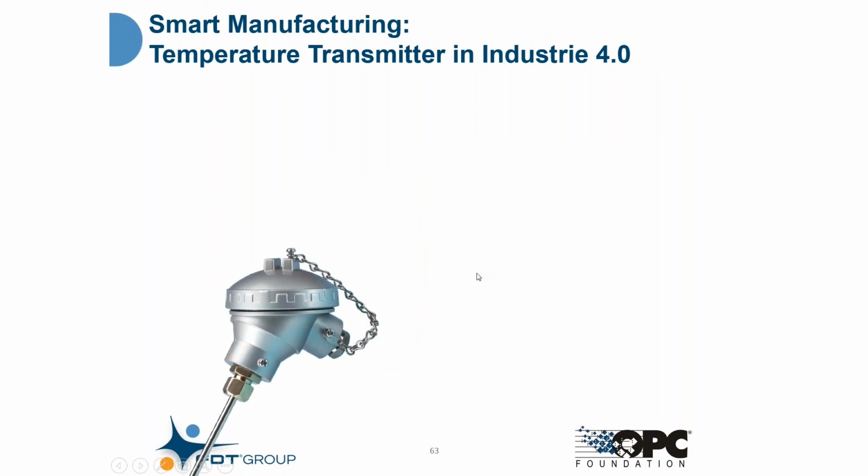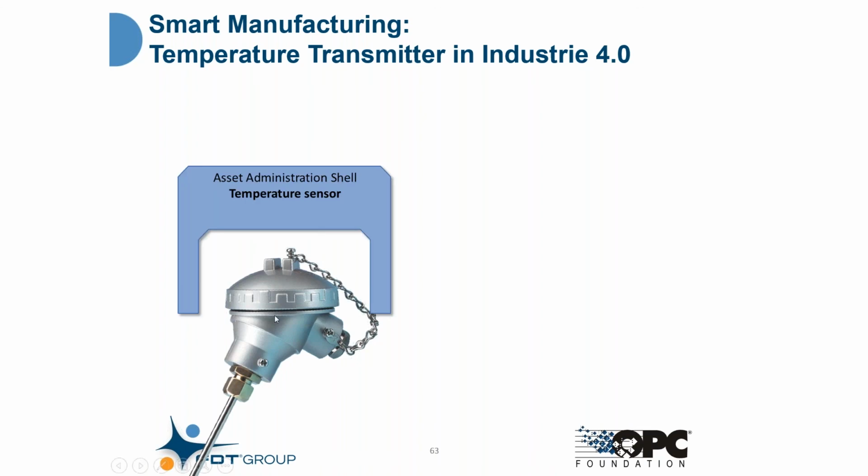So how is this done? When we look at a specific asset, for instance, a temperature transmitter, it is hosted or supported by an administration share. The administration share can access the sensor via fieldbus communication, and on the other side provides Industry 4.0 conform communication. Here we talk about OPC UA.